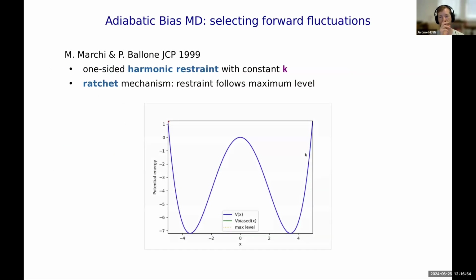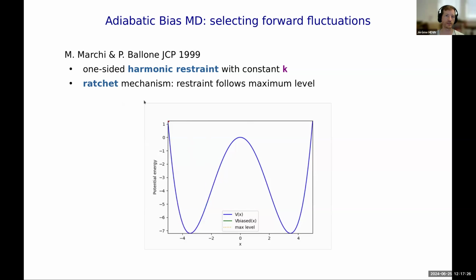So this is an example of how you can script a new biasing algorithm using a Tcl script, without writing C++, without recompiling anything. The example I'm taking is adiabatic bias MD, so ABMD, which is a way to force a coordinate to move forward, but without applying a constant velocity bias like steered MD or targeted MD.